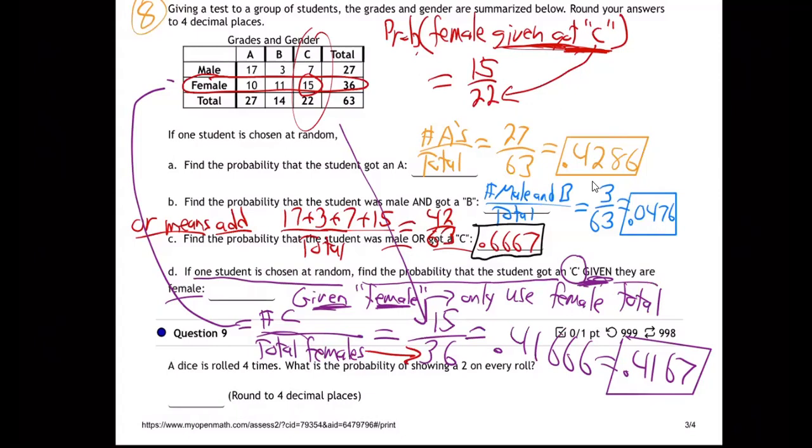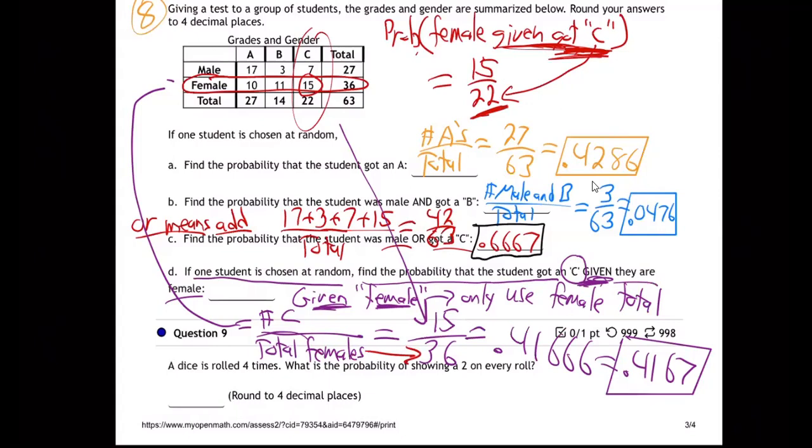So if we're given that she got a C, that's our denominator. That's the group we're talking about. We're out of those 22 people who got C's. Out of them, what's the chance we get a female? Well, 15 of those 22 people are females.